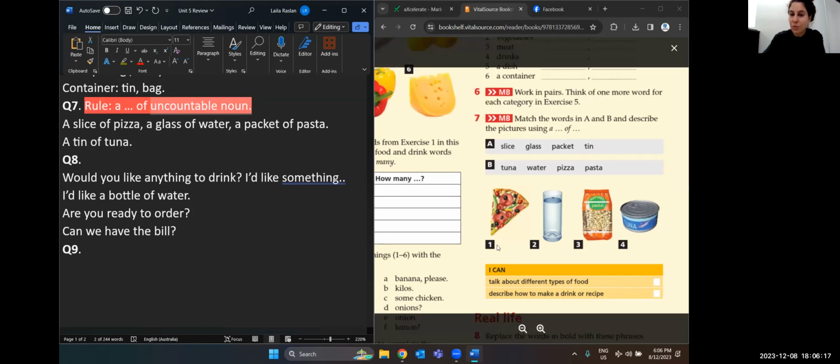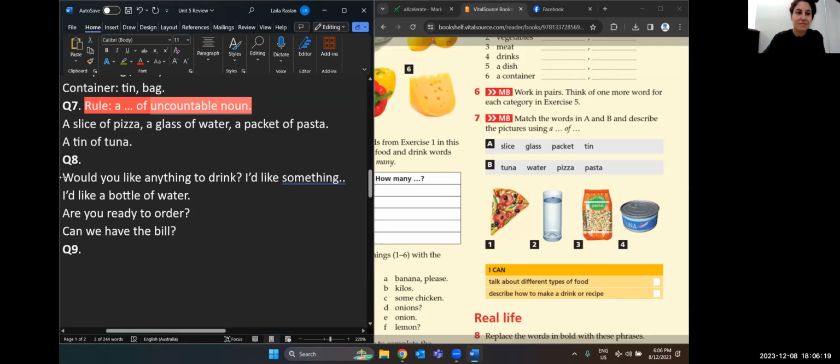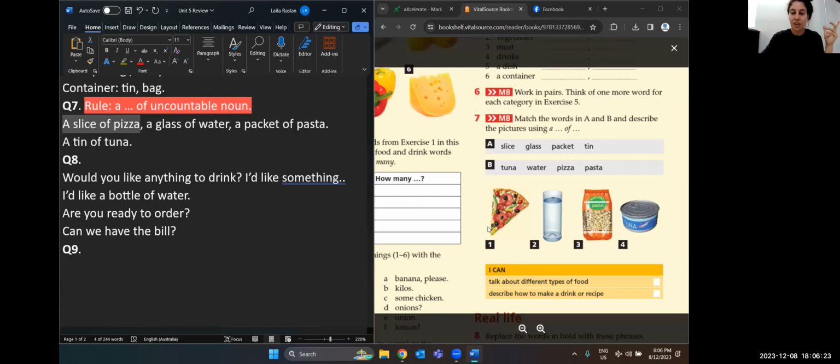So the first one, what is that? That's a slice of pizza. Yeah, it's only one. You don't say one pizza, you say a slice of pizza. It's like saying a bag of rice, a kilo of chicken.